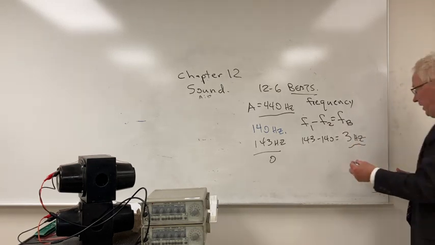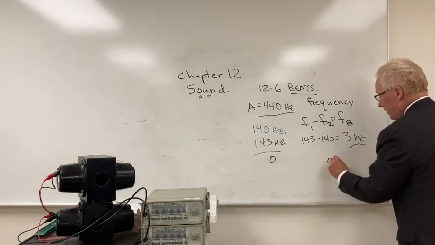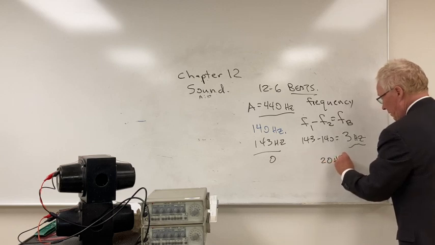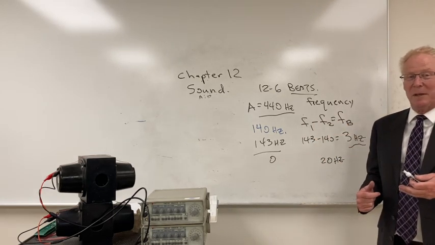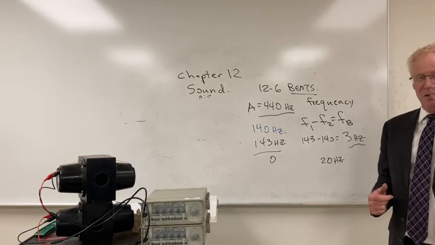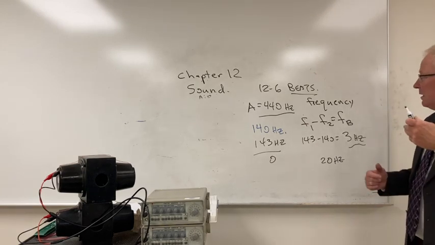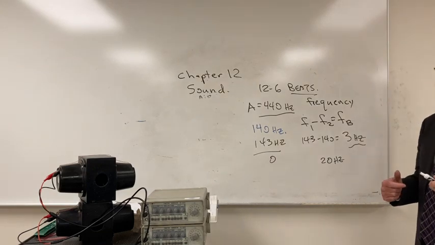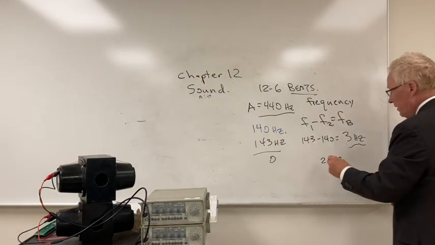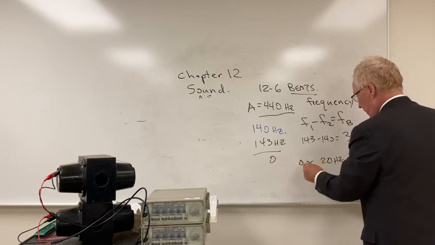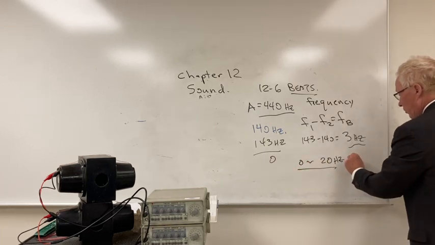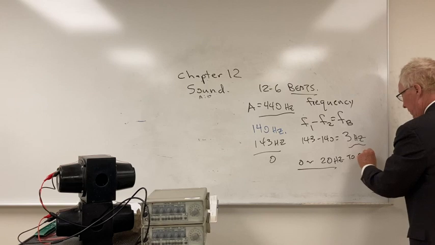Now, generally, we can hear a change up to about, say, 20 hertz. So if the difference is up to about 20, that's about the maximum, because then it all sounds like one big sound, you can't hear that anymore. So the difference has to be about 0 to 20 hertz to be detected.